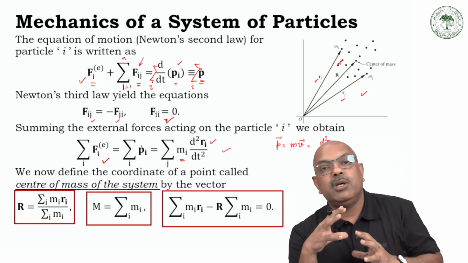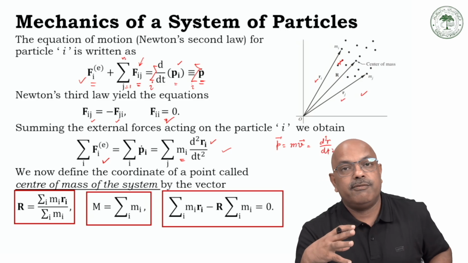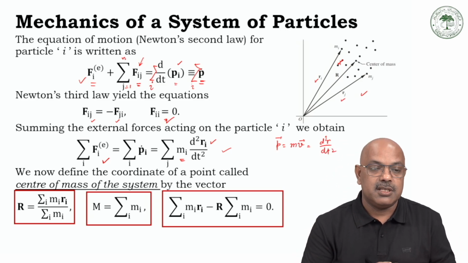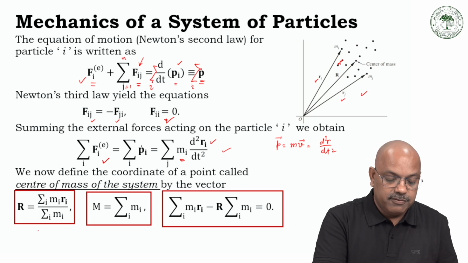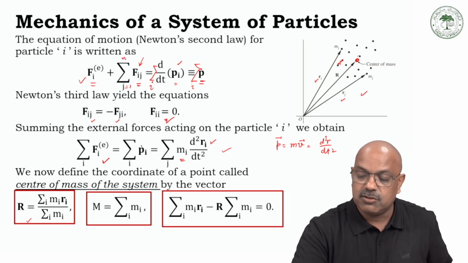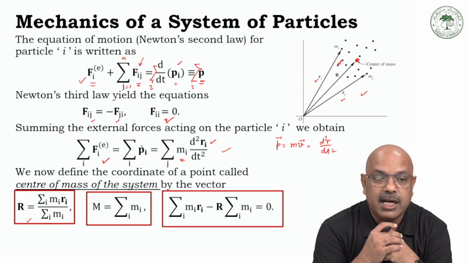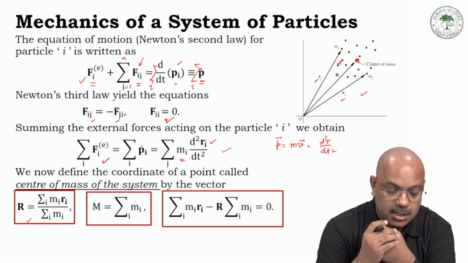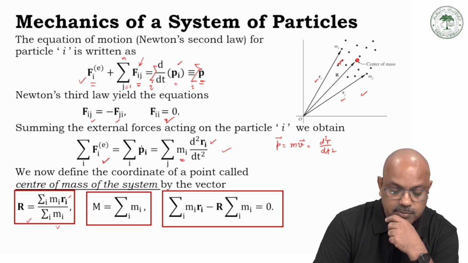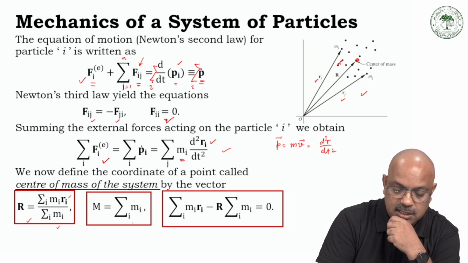But when we are dealing with a system which consists of a number of particles, we define a center of mass of the system. That is R, the position vector of the center of mass, which is the sum over mi ri divided by the total mass of the system, where M is the total mass.